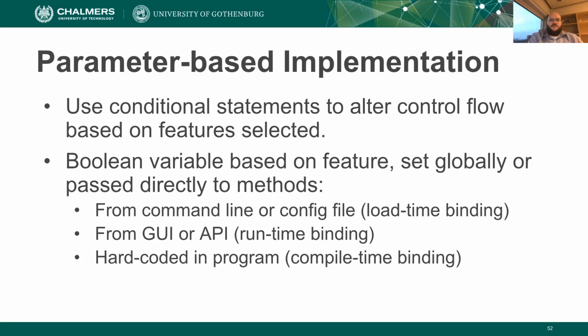In other cases, though, this can be implemented at runtime, where users can change parameters either in a GUI by clicking different checkboxes, or as part of an API request, like as part of the body of your post request to a REST API. Sometimes with immediate effects during runtime binding, but other times, if load time binding, you might need to restart. Right. But parameters are a flexible approach. You're really just noting in your code, hey, check whether this variable is true or false. If it's true, we've decided to include that feature. And so do the job this way versus some other way versus based on some other feature selection.